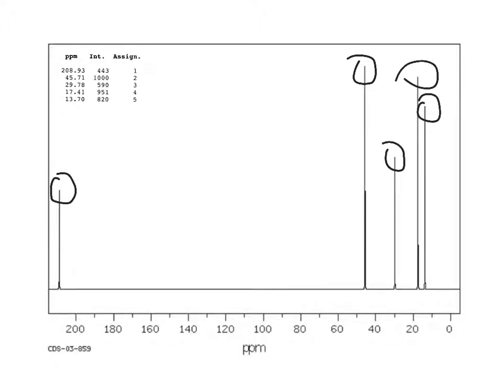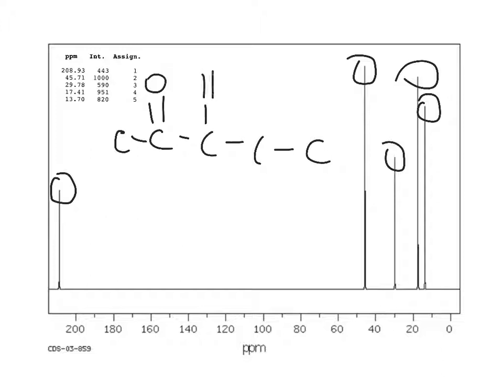So it looks like I have 1, 2, 3, 4, 5 peaks, which means that I'm going to have 5 different carbon environments. So let's draw the molecule that we drew on the other page according to our proton NMR. So 1, 2, 3, 4, 5. And then we had a ketone here, and then the rest surrounded by hydrogens.